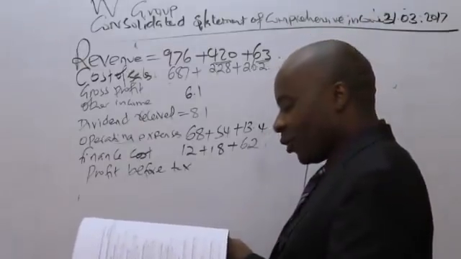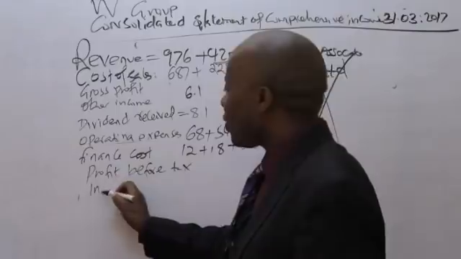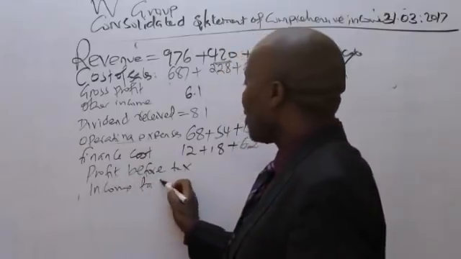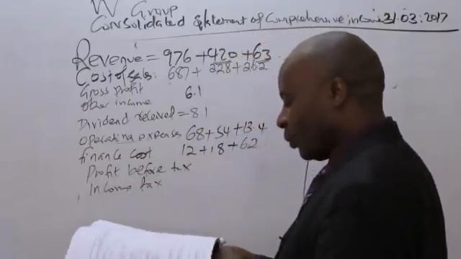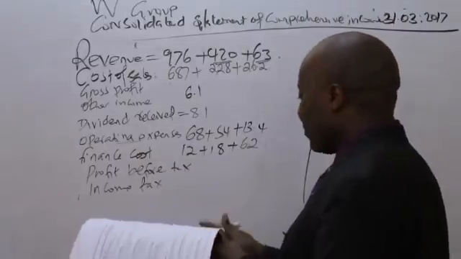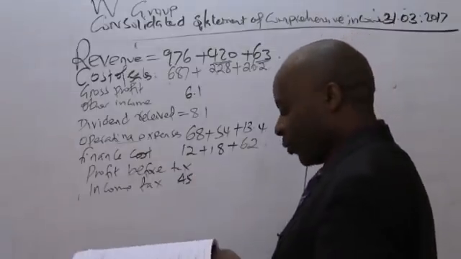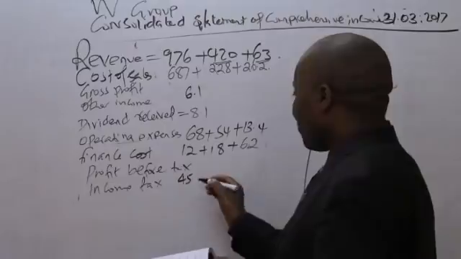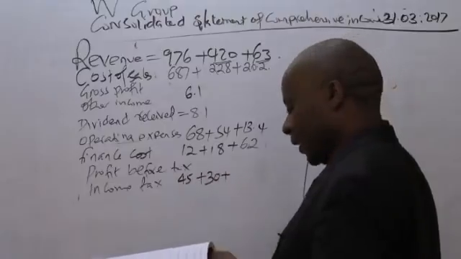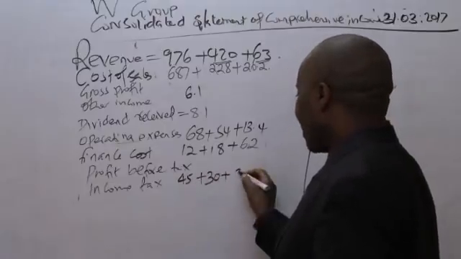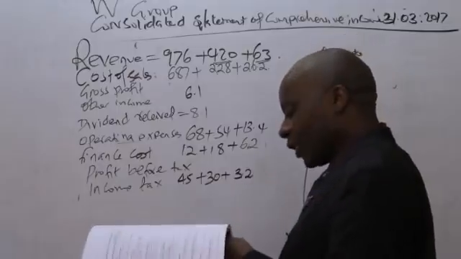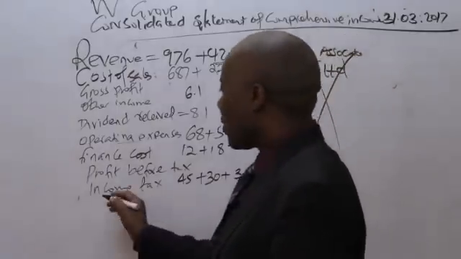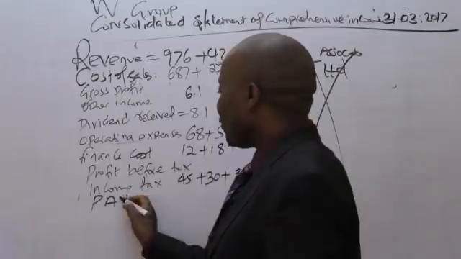After profit before tax, I have the income tax expense. So the income tax, I'm simply putting them together. I'm consolidating. Income tax is 45, plus 30, and then 3.2, right? And then of course I'll have what we call profit after tax.